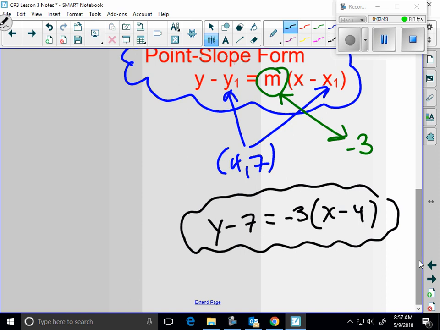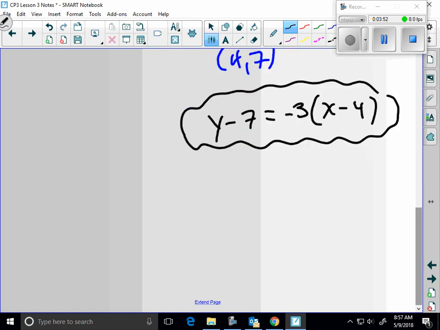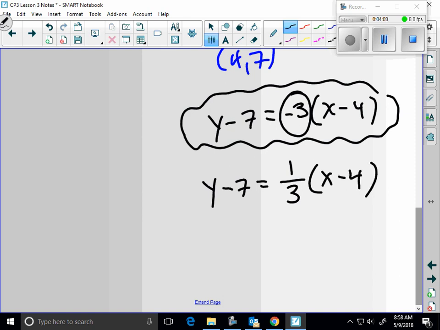If I wanted the equation of a line that was perpendicular to that, what would I do with my slope here? Opposite reciprocal, right? So I'd flip it. So a line that goes through 4, 7, but is perpendicular to this line would have an opposite reciprocal slope, but it'd go through the same point.